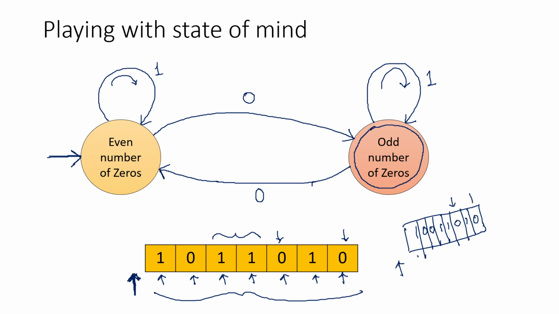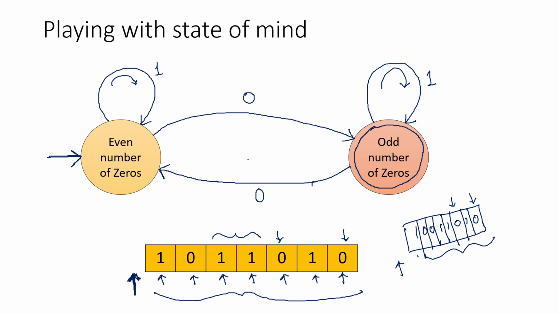But again reading this 0, your state will change from odd number of zeros to even number of zeros, and here it ends. So after reading this character, the finite state machine will see that the state where the machine stops is the state of even number of zeros. But this state is not a final state.